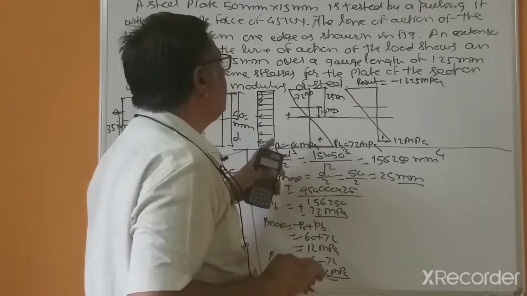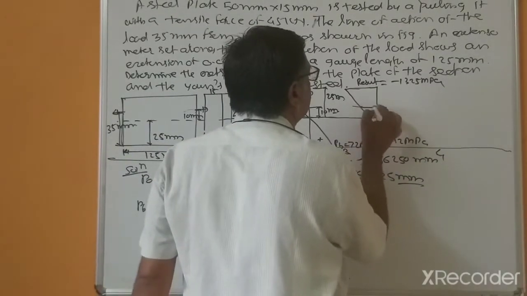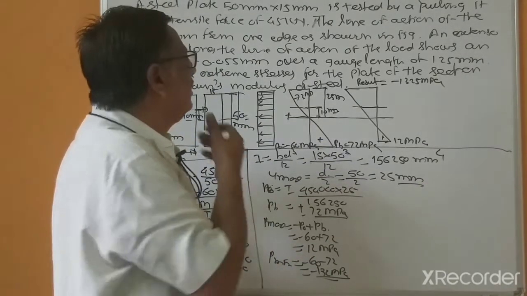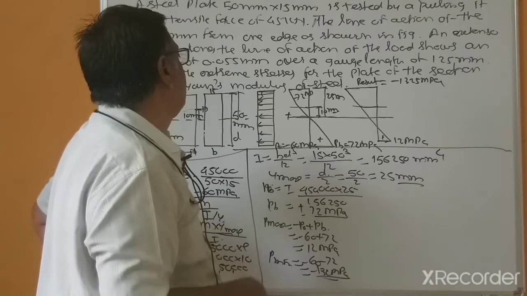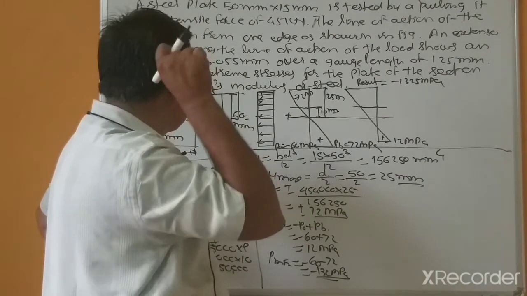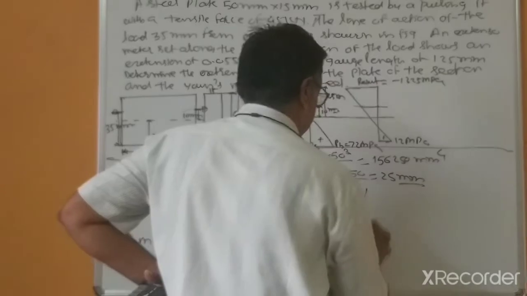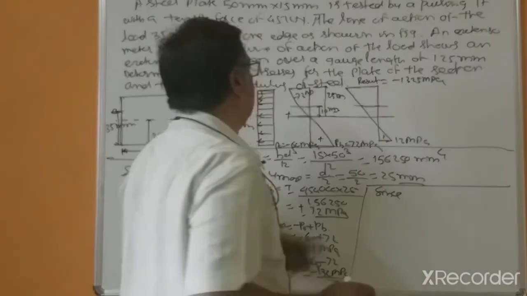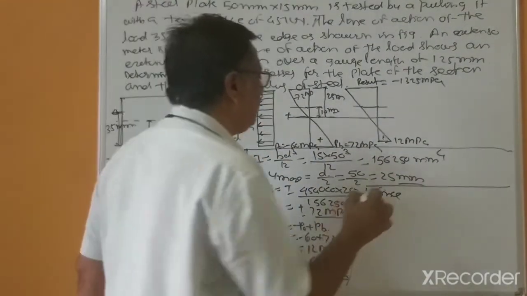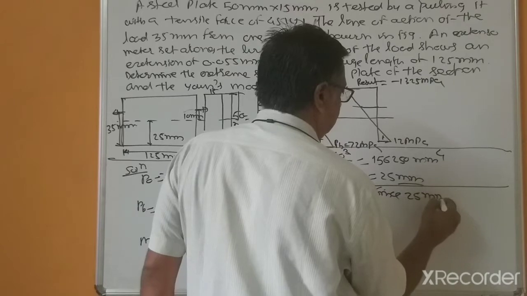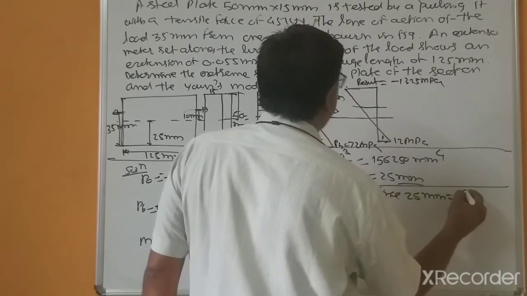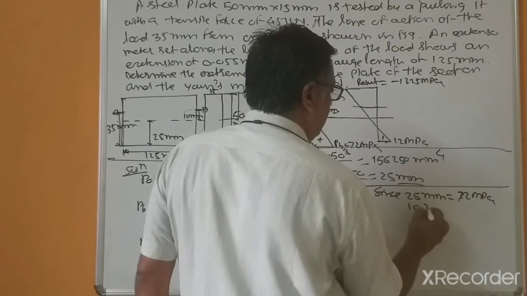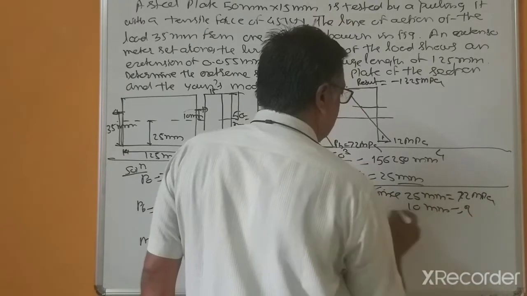Because, what is asked? What is the intensity of the stress? So we have to calculate that, since by using the triangle method, for 25 mm, 72 megapascals, and for 10 mm equal to what?